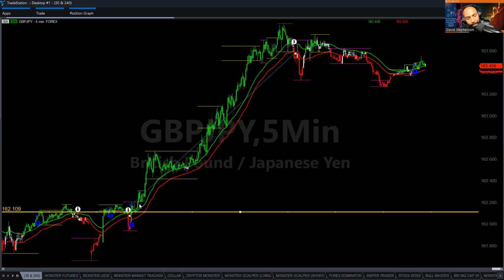But the cool thing about the system is that most traders that trade the 5 minute are looking to get in and out quickly. They'll never hold the trade overnight. But we have an extra benefit with using the system.